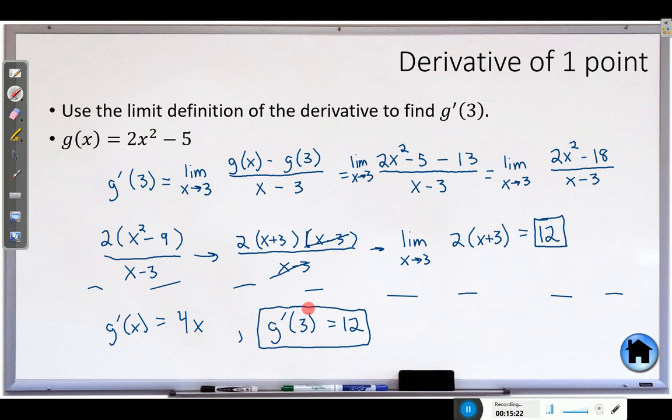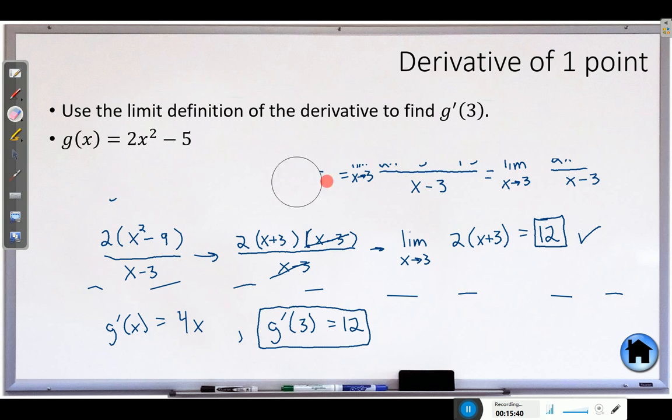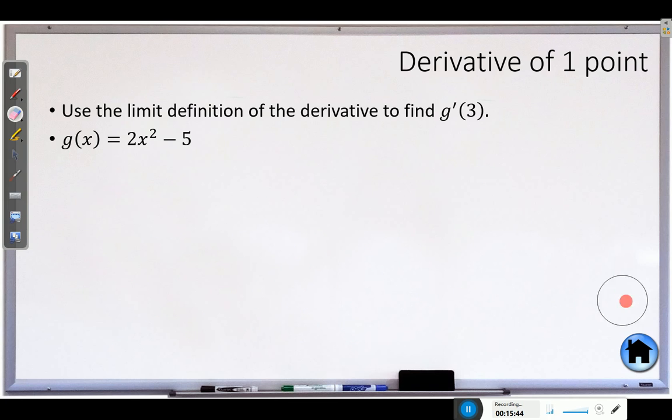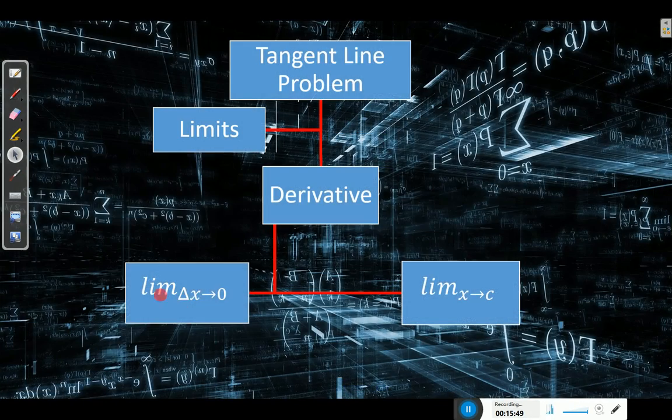So yes, our derivative properties make this much easier, but it's important to know that using limits and the actual definition, the math also works out. Okay? That is sort of the quote-unquote beginning of calculus technically, which we are now proving actually works. So we've got two definitions of the derivative, one for a function that uses delta x approaching 0, and one for the slope at one point where x approaches c.